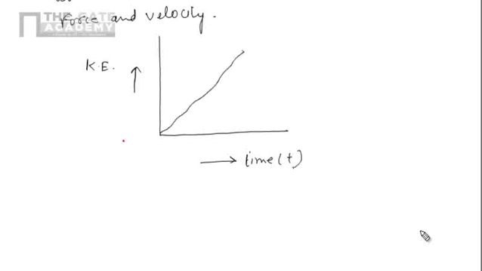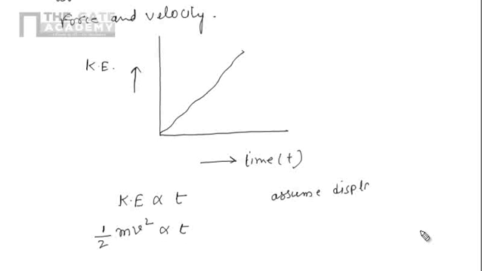So for the straight line or linear variation, I can write kinetic energy is directly proportional to T. For kinetic energy, we know the formula, that is 1 by 2 mv square is directly proportional to T.